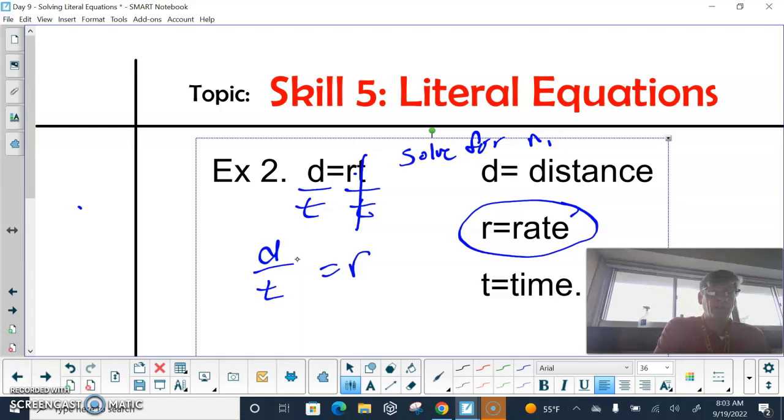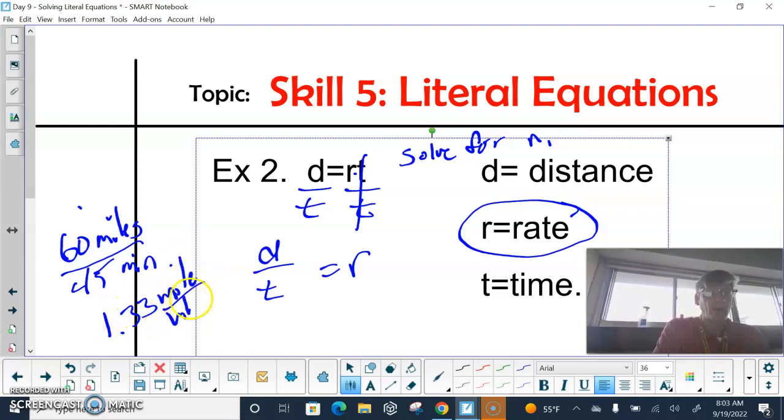Okay, so just a quick example, what would rate be? Well, if I traveled 60 miles and my time was 45, I could reduce that, and I would get 1.33 miles per minute, which seems a little odd.